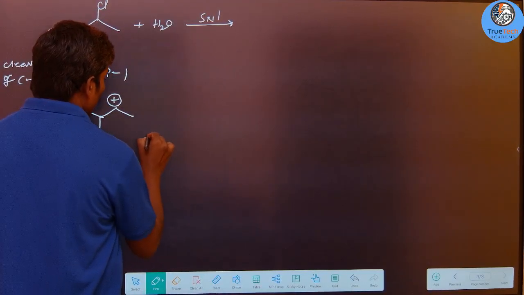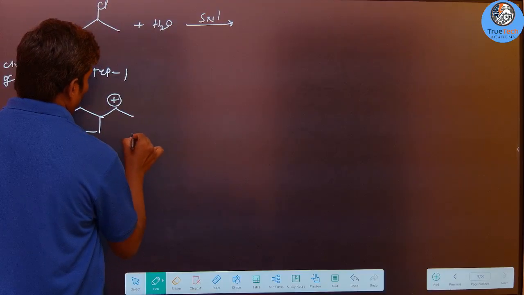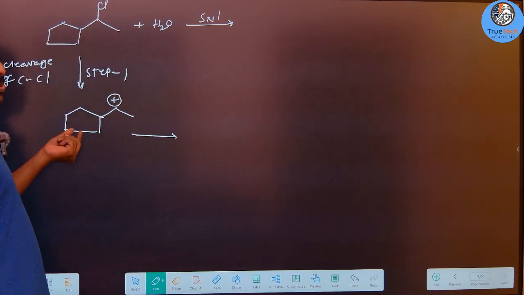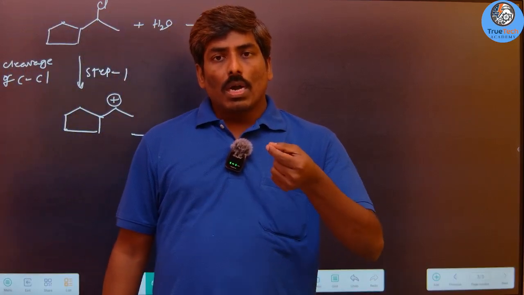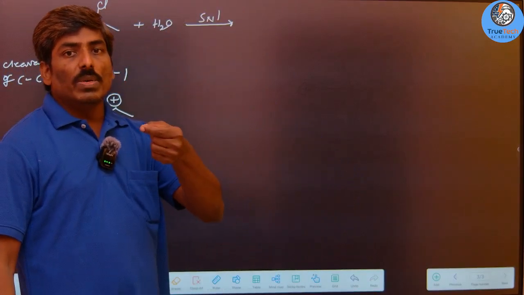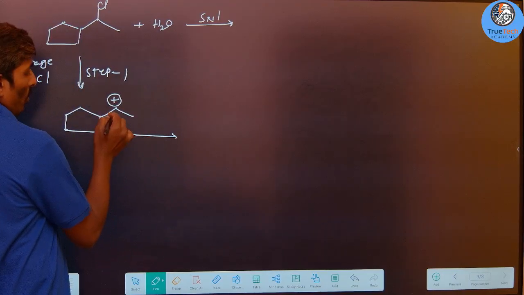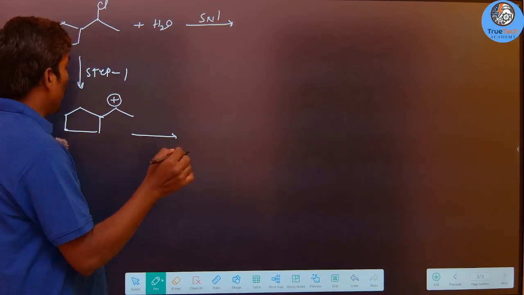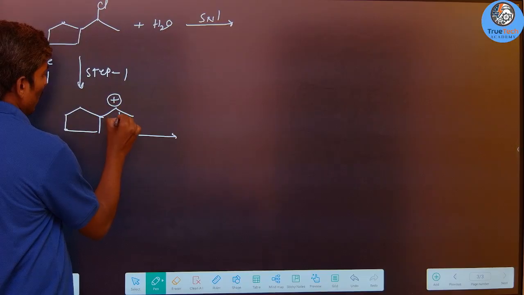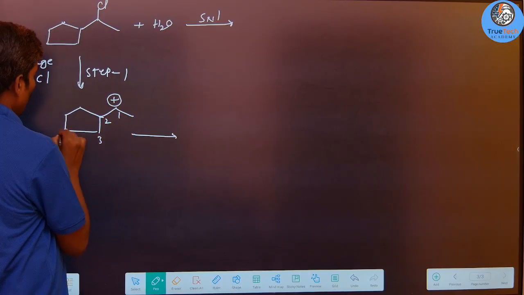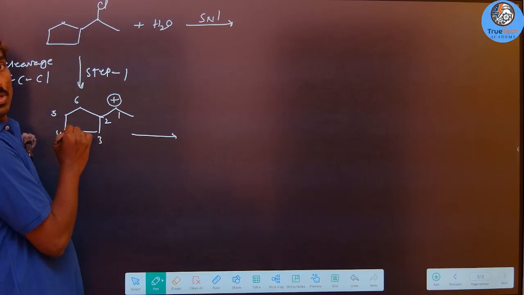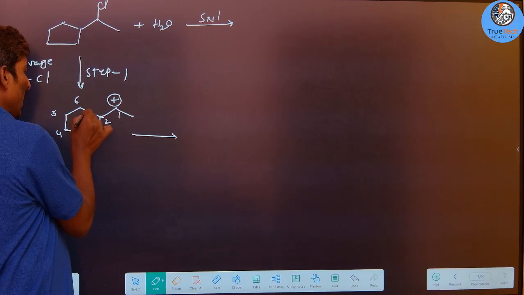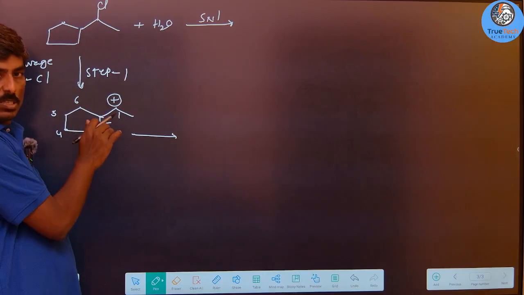Next, if you observe this example, there is a possibility to undergo ring expansion. For our convenience, I am giving the numbering: first carbon, second carbon, third, fourth, fifth, sixth carbon. The bond break takes place between 2 and 6 as per this numbering.